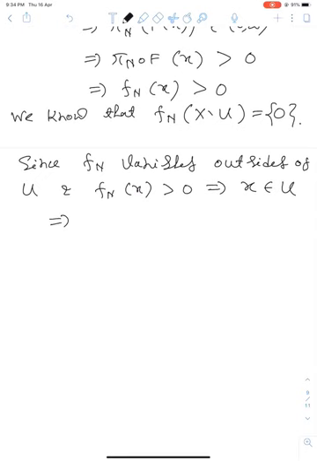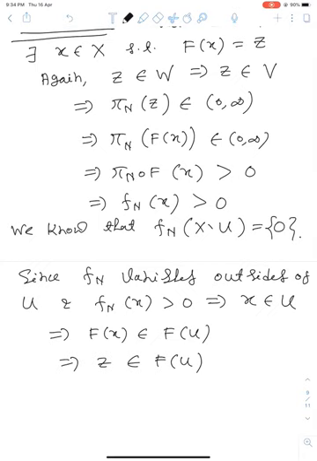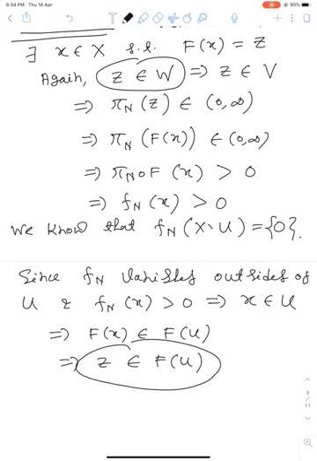That implies f(x) belongs to f(U). That implies z belongs to f(U). We assumed one arbitrary element z in W, and we find that z belongs to f(U).